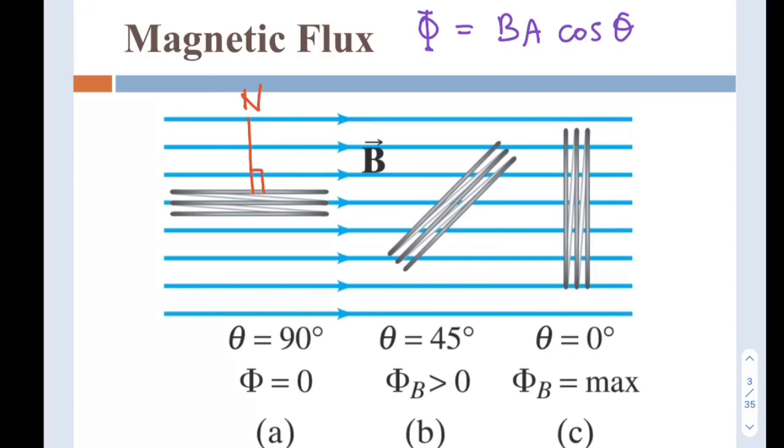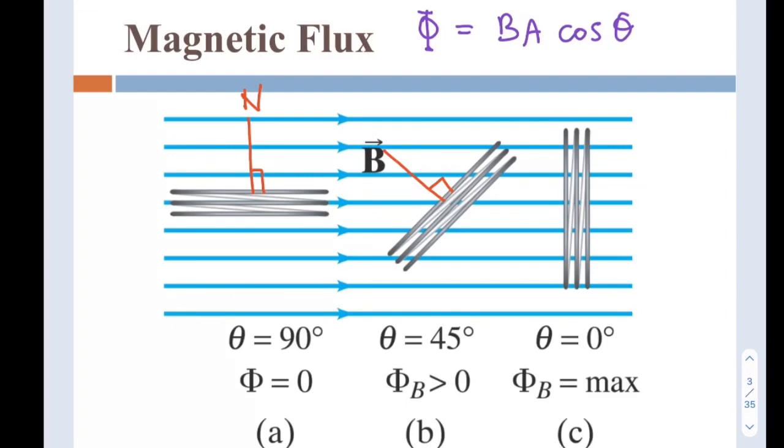Okay, so now let's proceed to B. This is the B and this is the orientation of your loops. First thing first, let's check the normal line of the loop. This is the normal line of the loop, representing the normal line of the area of the loop.